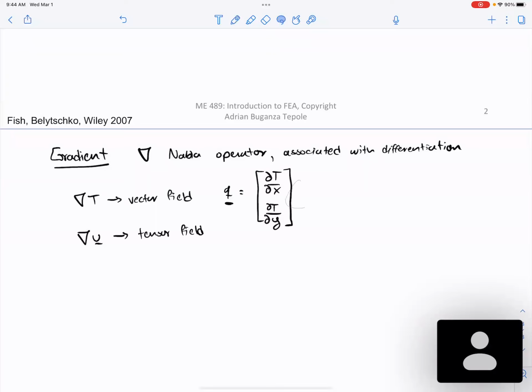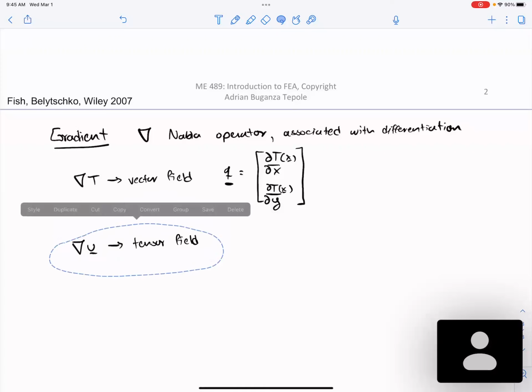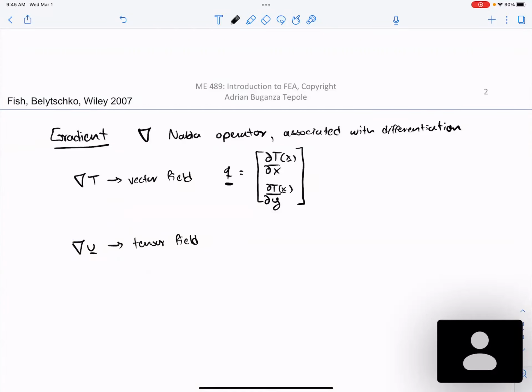I can do one example in a little bit. That is, the gradient of a scalar field gives you a vector field.